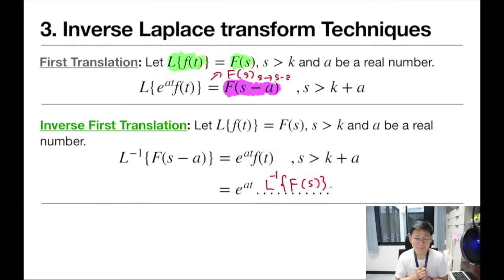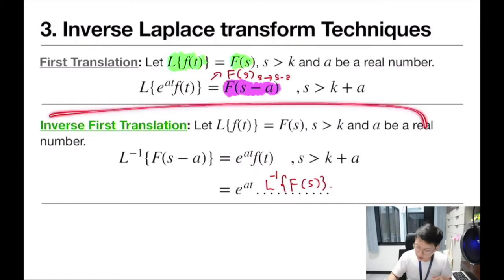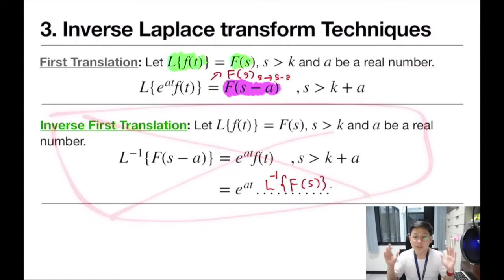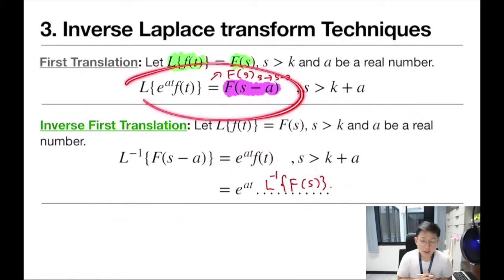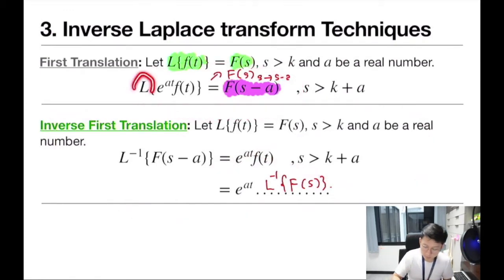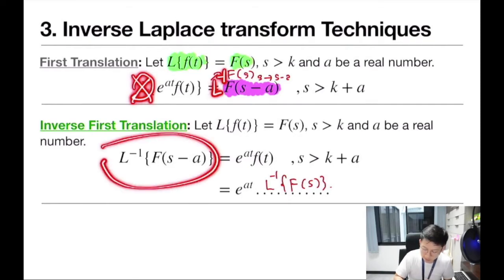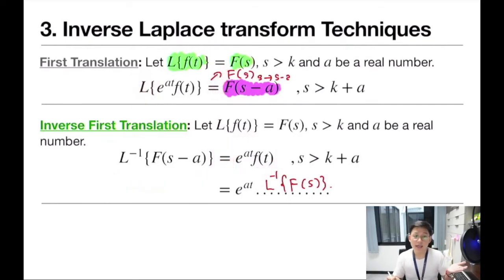Very simple, right? So you won't have this formula in the exam. You only have this one, but you can just push this L to L inverse, so you get the L inverse equal to e to the at f(t), and f(t) is the inverse of the big F(s), right?